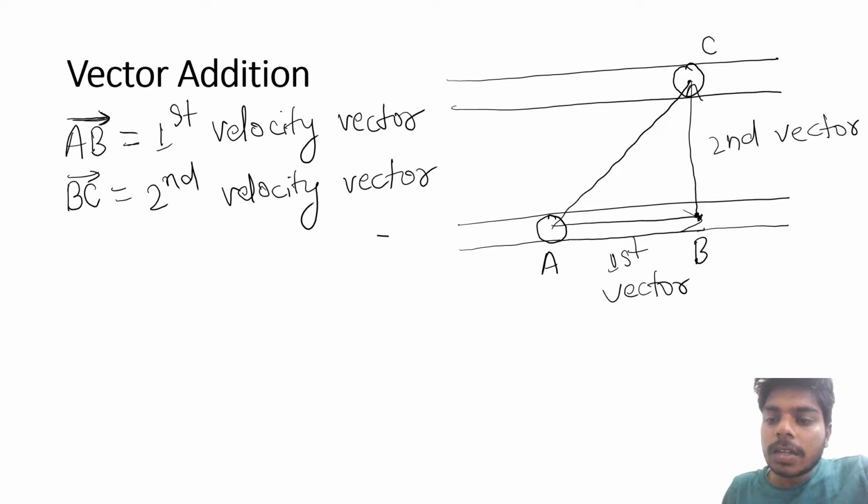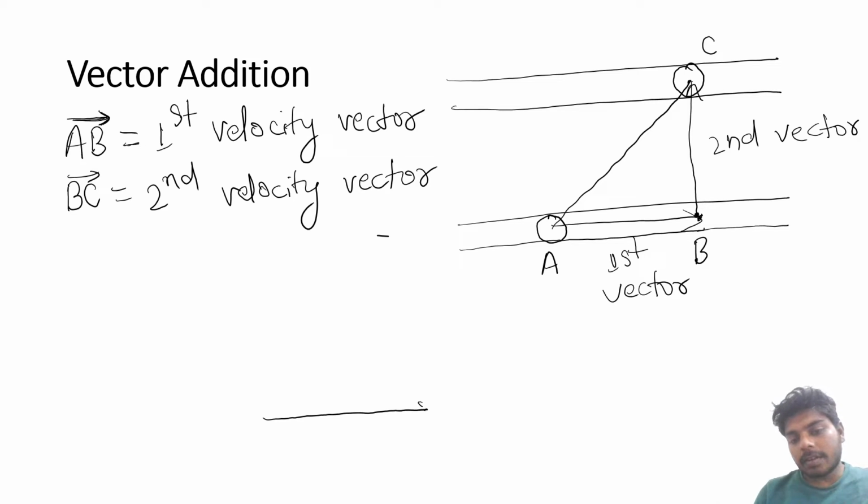like this. Let me draw along with you. I have drawn the AB vector, this is the AB vector, and its head is here. The tail of the second vector, BC, must be joined with the head of the first vector. This is BC.